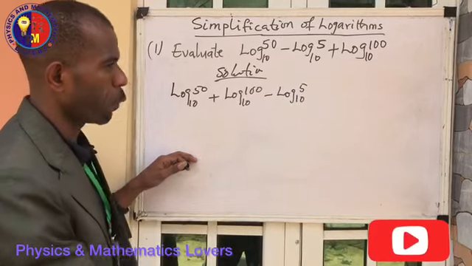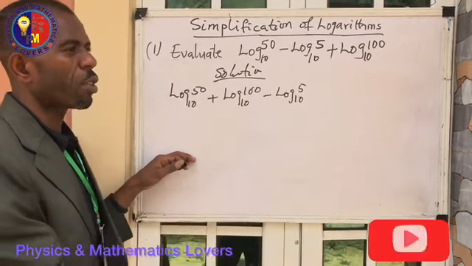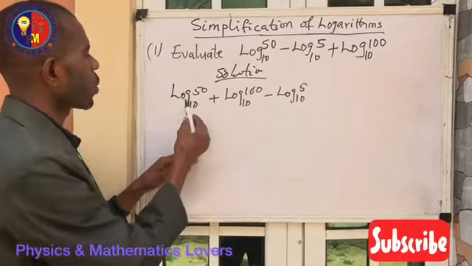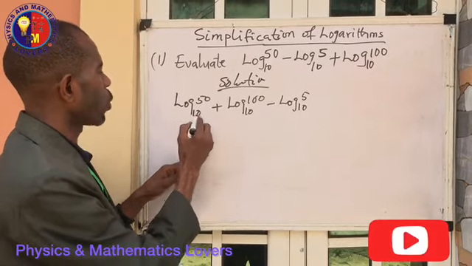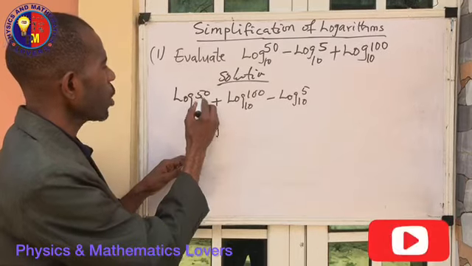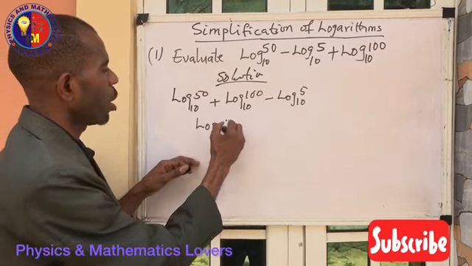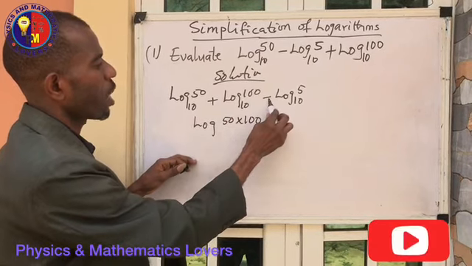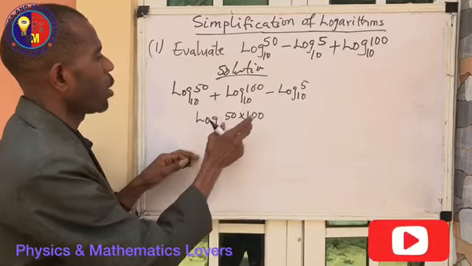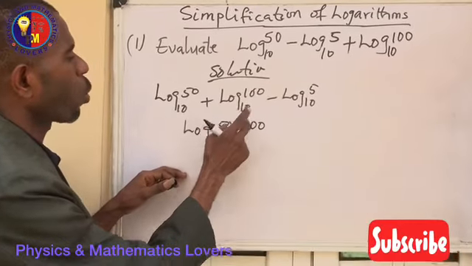What we are going to do first of all, we follow order of operation. The first order of operation is addition. We first of all deal with addition here. We are going to have log 50 times 100. Then because of this minus that is here, having combined this into one log, we now combine this one with this.